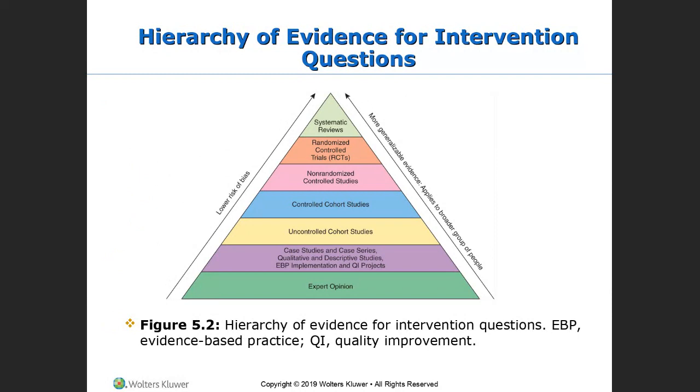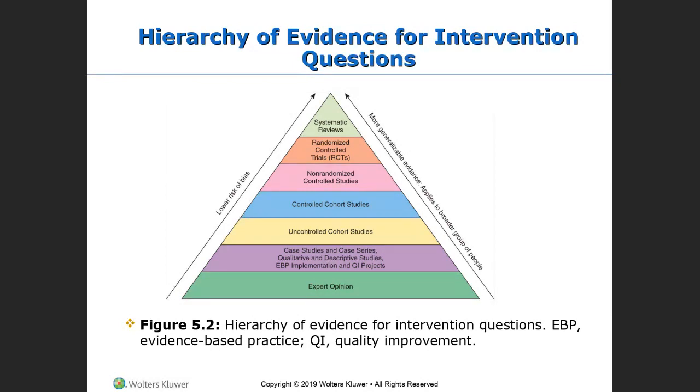At the bottom, we have expert opinions, and if you're working in the recovery room and you've been a recovery room nurse for a while, you could be the expert opinion on your level of evidence, but again, it is the lowest level of evidence, but nonetheless does have some usefulness to it.